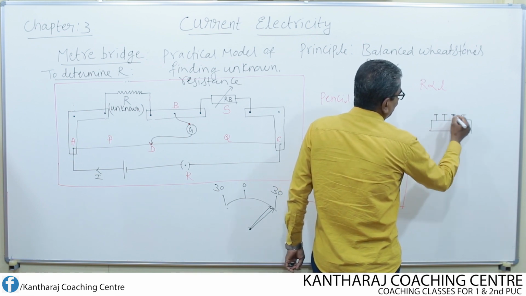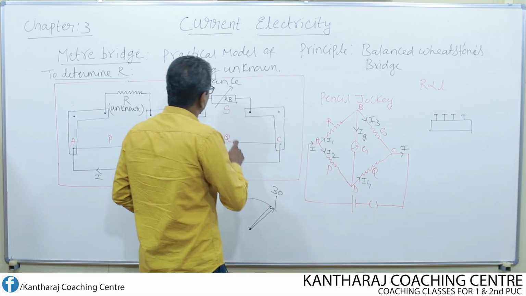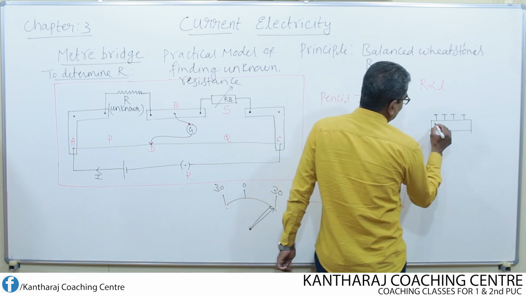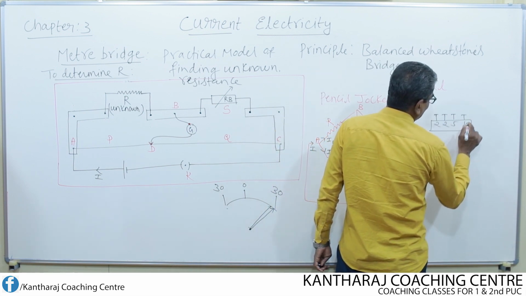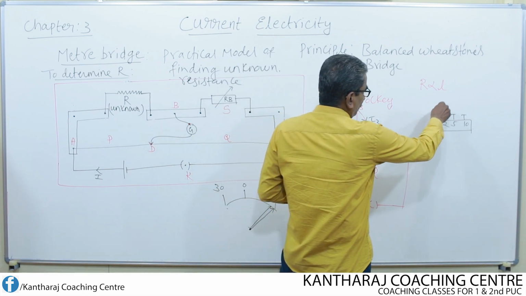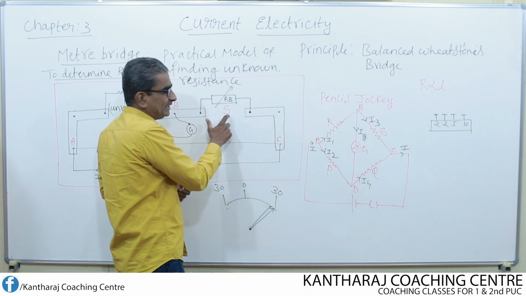These are nothing but the plugs. That's why we call this a plug type resistance box. It will be marked like this: 2, 2, 5, 10. That means if I remove this plug, then 2 ohm resistance is said to be introduced in the right gap.